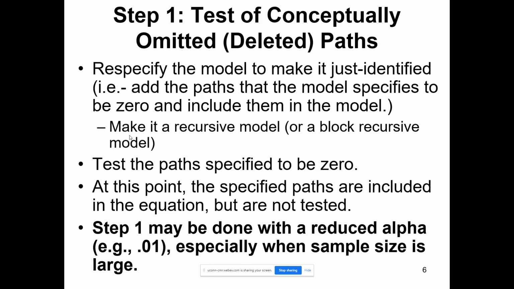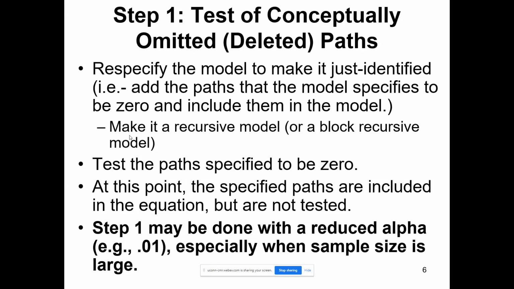So there are three different ways that I could make a linkage between C and D. One would be to say C predicts D. One would be to say D predicts C. And one would be to say that the disturbances of C and D are correlated with each other.